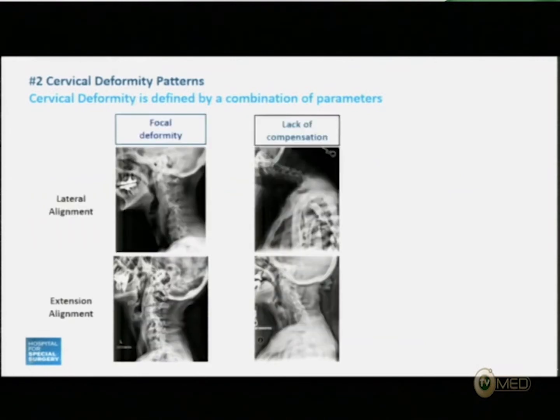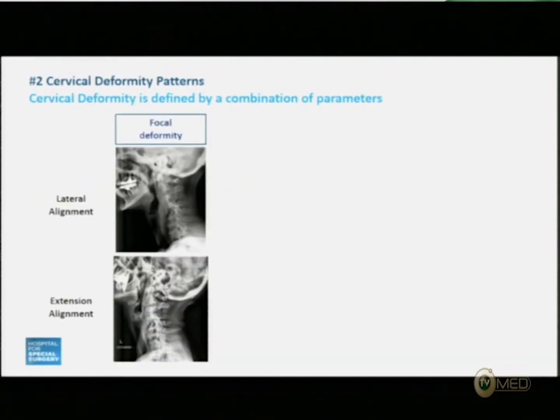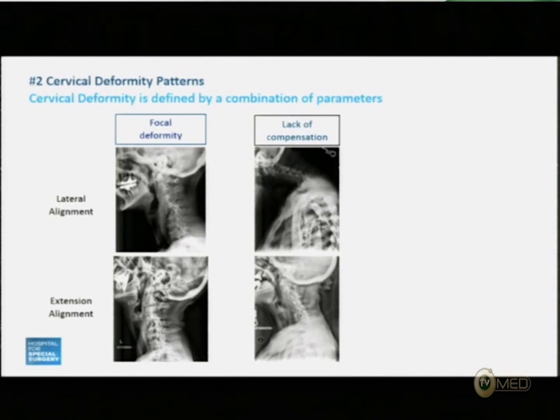And what is quite interesting is that we were also able to define different morphotypes of cervical deformity. The first one is what we call the focal deformity. So when you have some focal kyphosis, not only in neutral position, but also in extension. The second one is the lack of compensation.